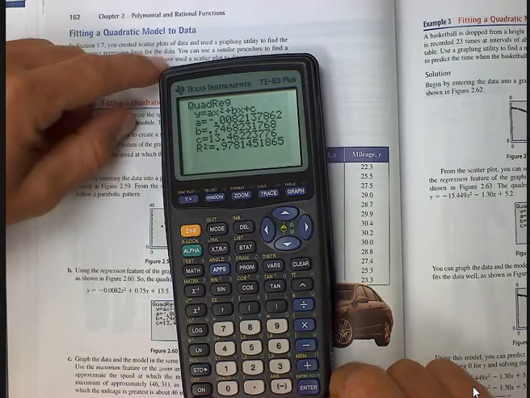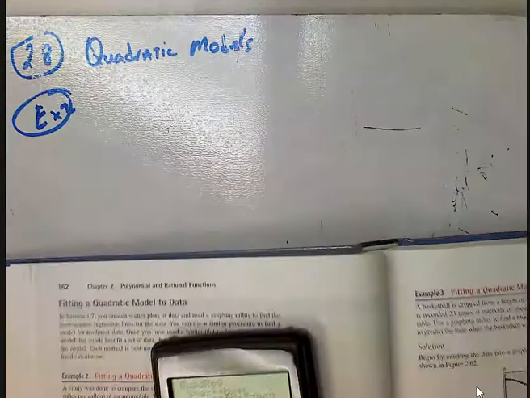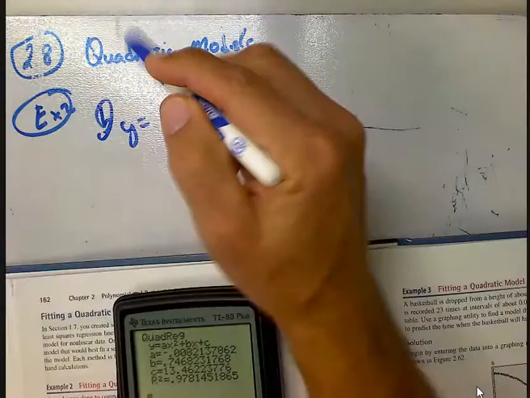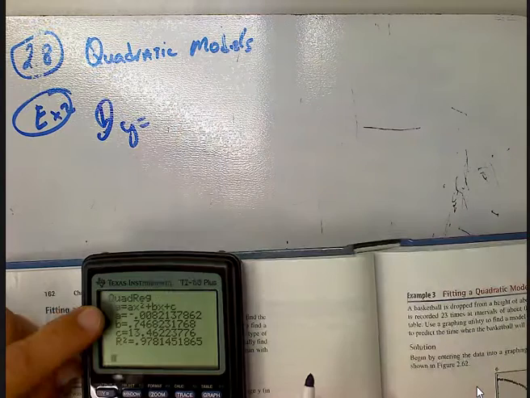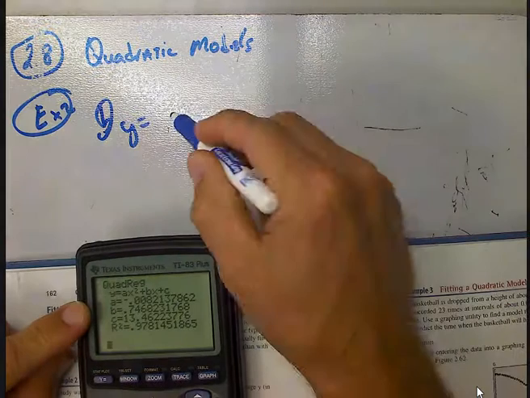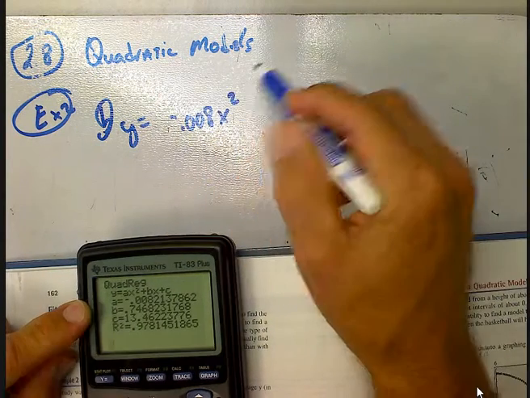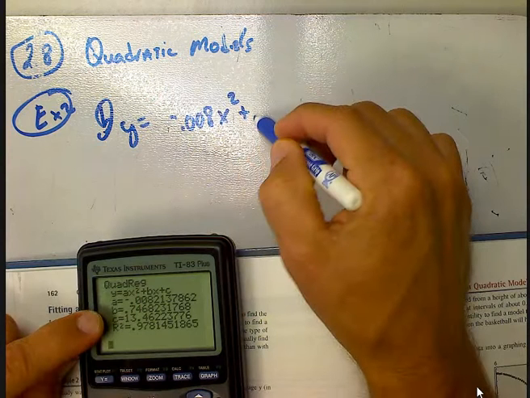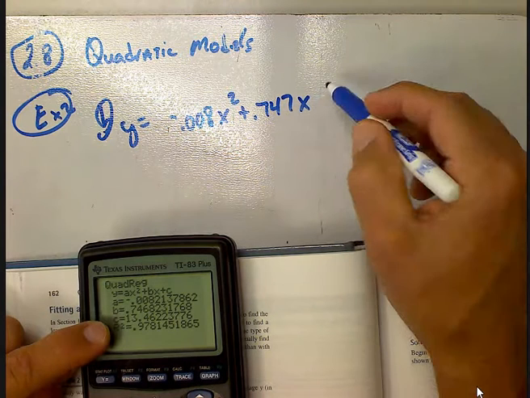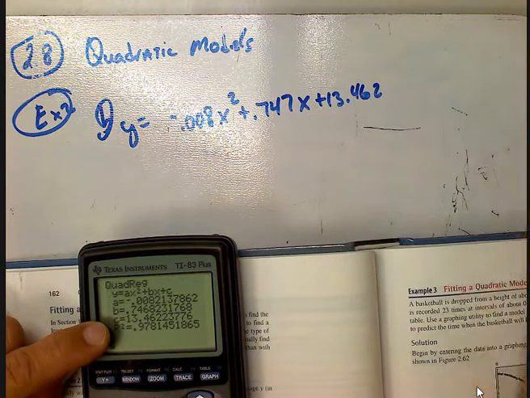And so I would write for my answer, part B, y equals, in the form ax squared plus bx plus c, negative 0.008x squared plus 0.747x plus 13.462. And there's the answer for the quadratic model.